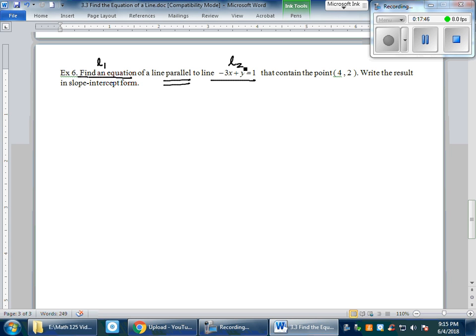So you have to remember, if two lines are parallel, their slopes are the same. So we know that line 1 is parallel to line 2. So that tells you we have the same slope, right? We have the same slope.